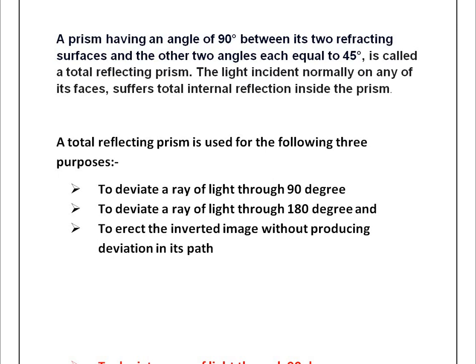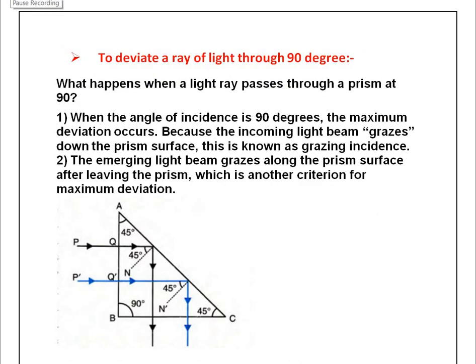So students, let's go to the first topic, to deviate a ray of light through 90 degrees. Here in this topic I can show you the right angle prism or total reflecting prism. In this figure you can see that this angle is 90 degrees and these two are 45 degrees.